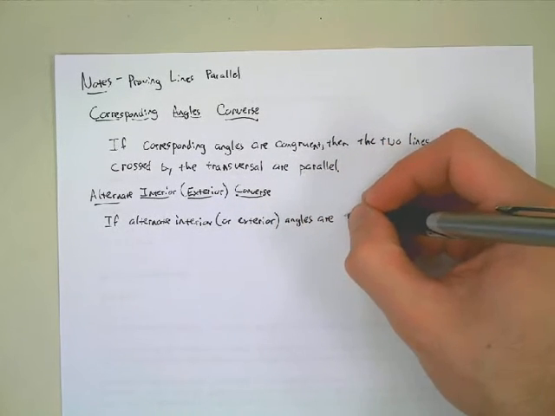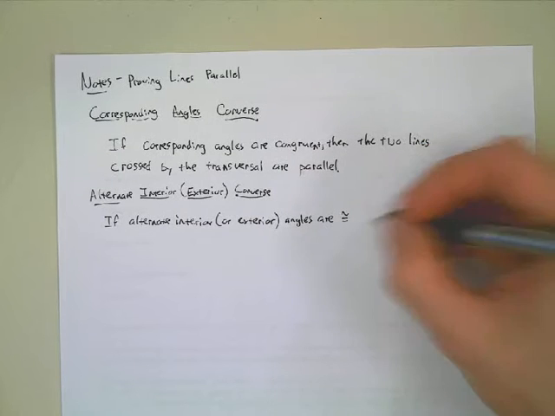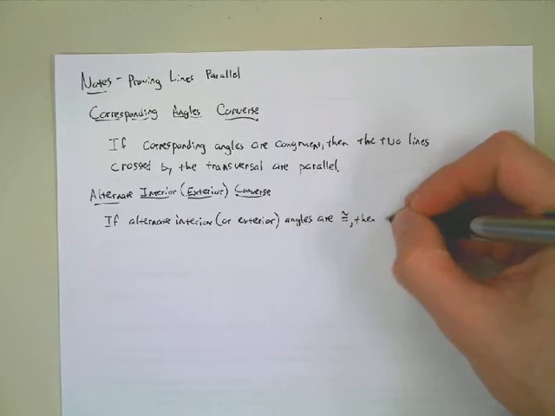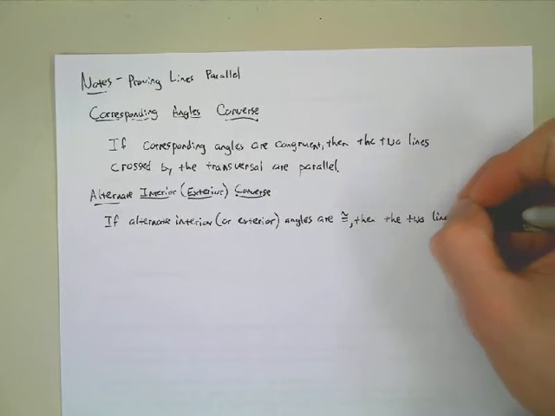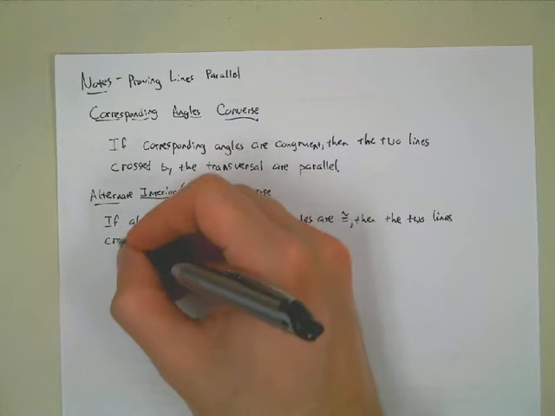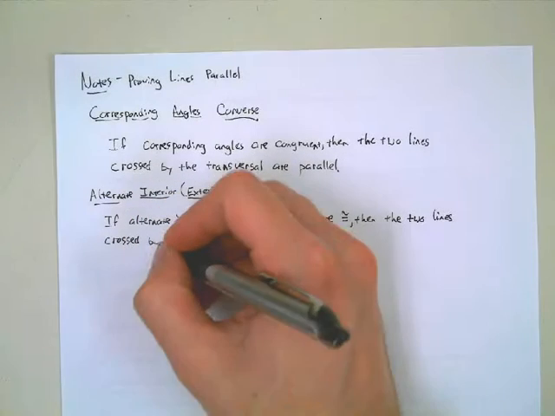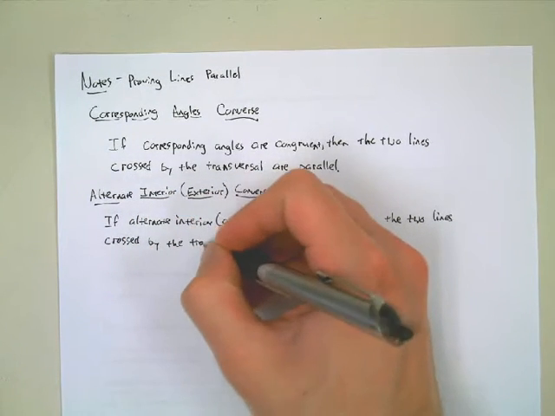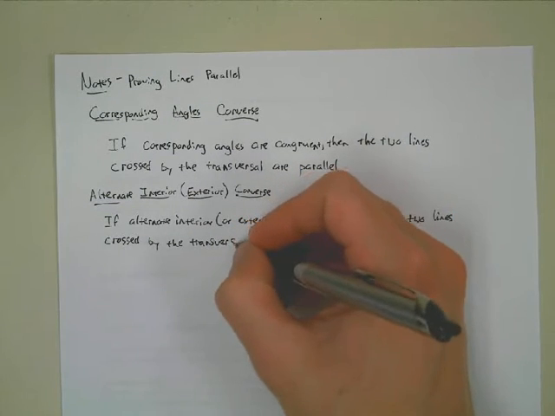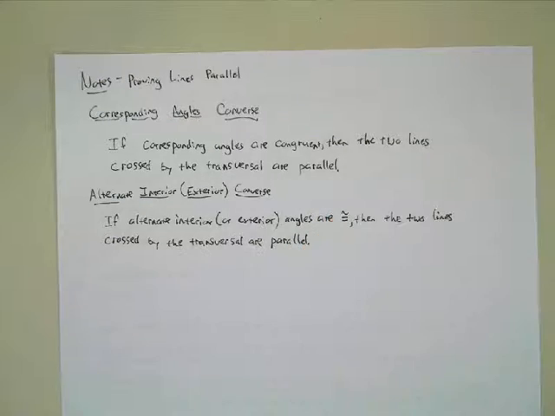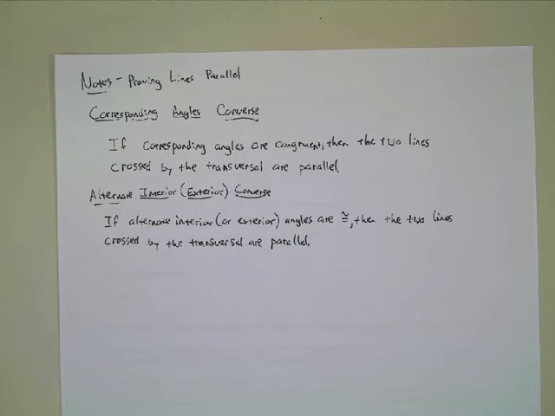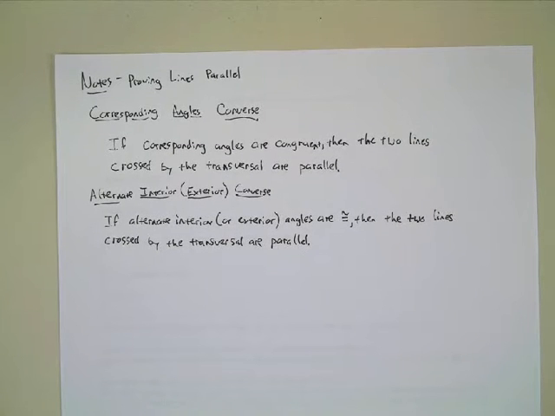So if alternate interior or exterior angles are congruent, then the two lines crossed by the transversal are parallel. Okay, so again, if alternate interior or exterior angles are congruent, then the two lines crossed by the transversal are parallel. Okay.